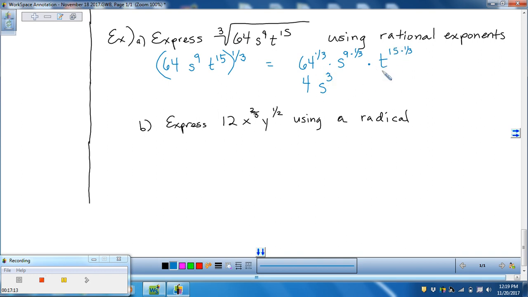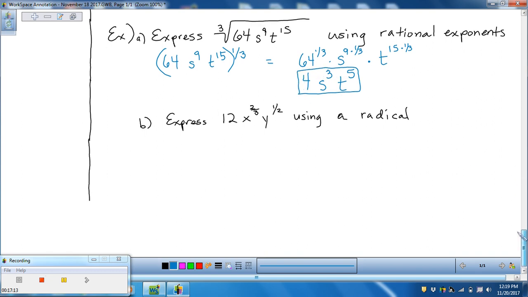And then t to the 15th to the 1/3, 15 times 1/3 gives us 5, so we end up with t to the 5th power. And that is our final answer. Example B, we want to express 12x to the 2/3 times y to the 1/2 using a radical this time. So we're going backwards.